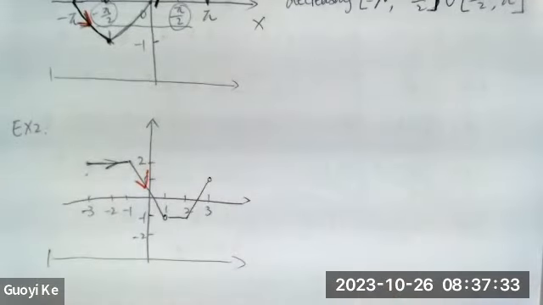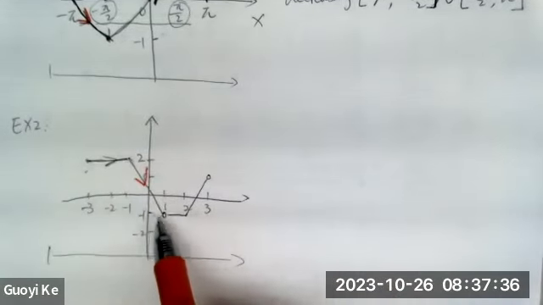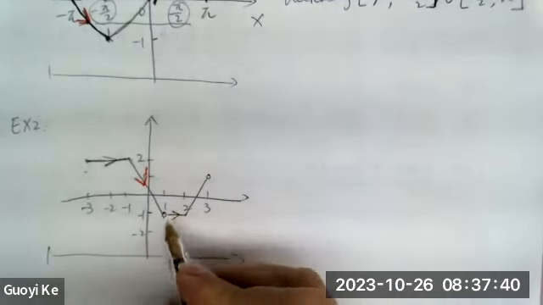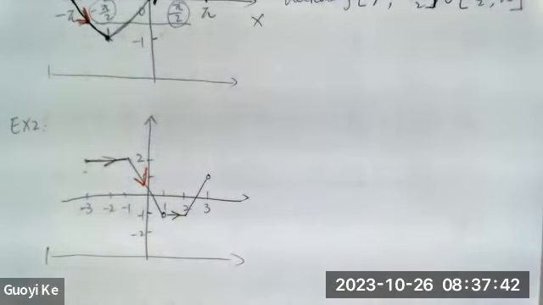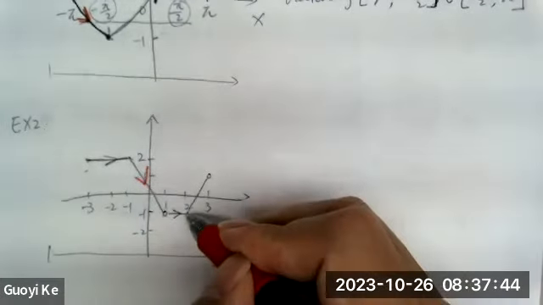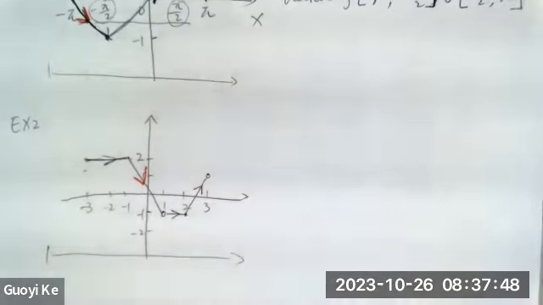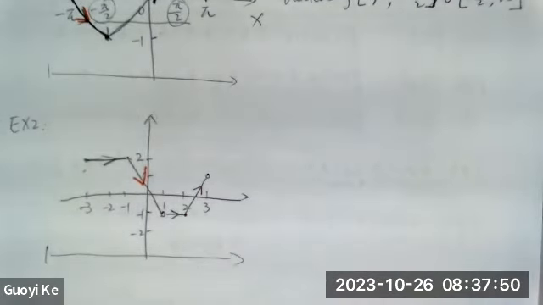From here to here it's down. And from here to here is horizontal. And from here to here is up.